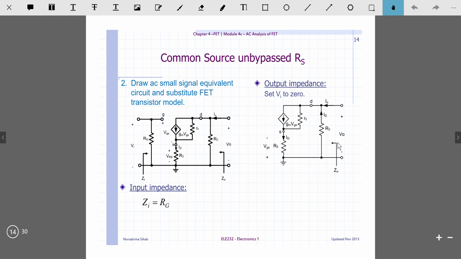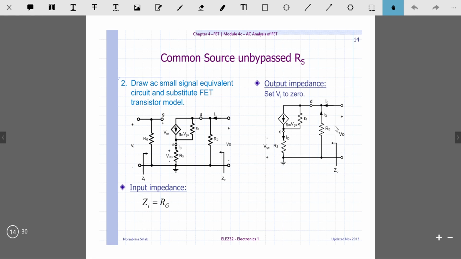If you draw a loop over here, on the output side, it will be minus Vout plus IDRD equals 0, because due to the current that moves upward, this terminal over here will be the positive sign and this will be the negative sign.